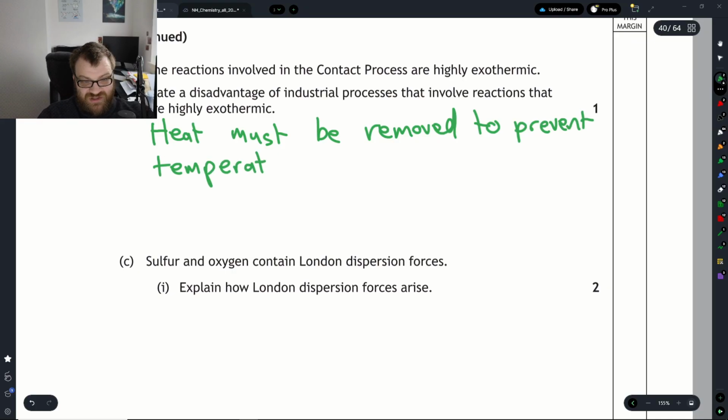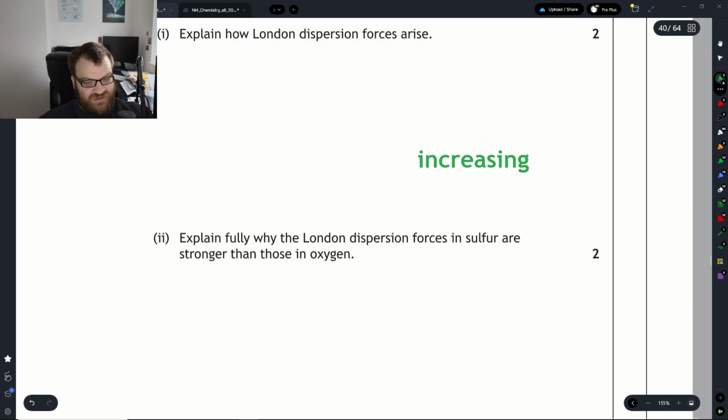If the reaction temperature gets too much, it might not work as well, but also there's the danger of problems happening from that. That's also another cost to take into account, cooling it down.